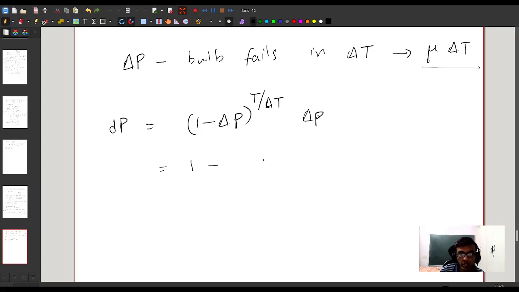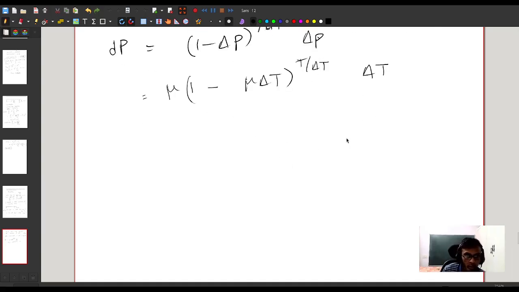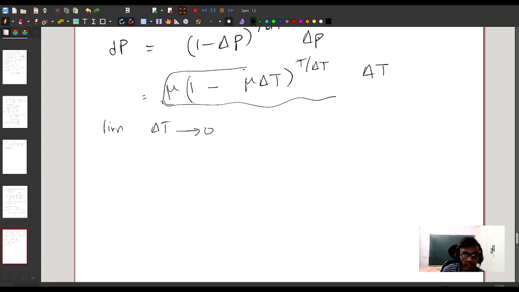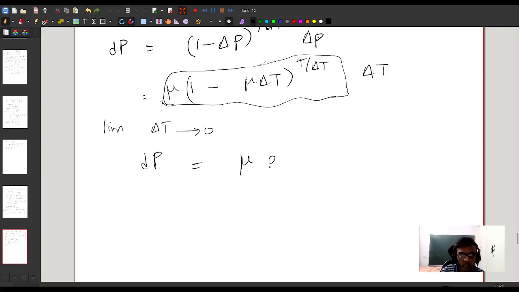So this is going to be (1 minus mu delta t) to the power t by delta t, times mu delta t. Naturally we want to take the limit delta t going to 0, and clearly this first factor's limit exists and is non-zero. So in that limit dp is going to be mu times e to the minus mu t times delta t.